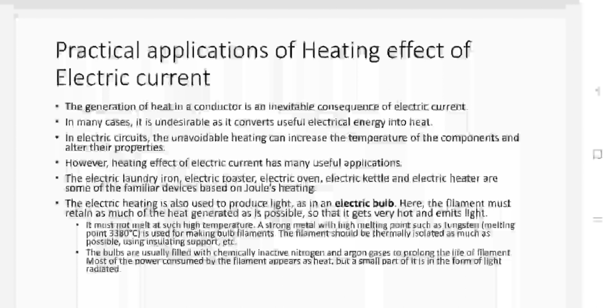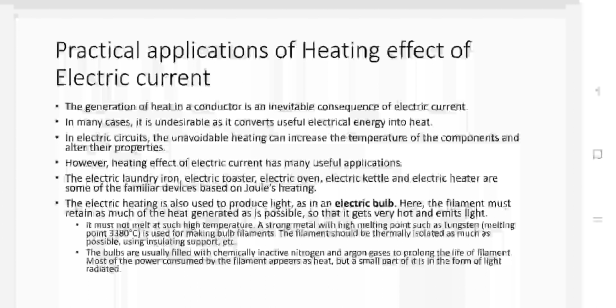Device properties can be changed by heating. However, the heating effect of electric current is useful in many applications, such as electric laundry iron, toaster, oven, kettle, heater, etc., which work on Joule's law of heating.